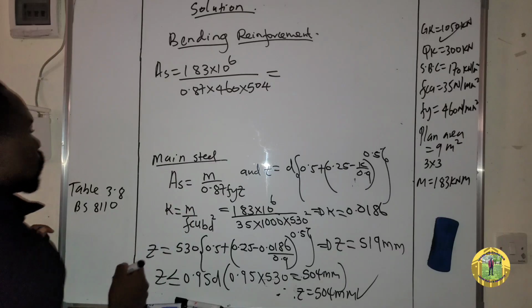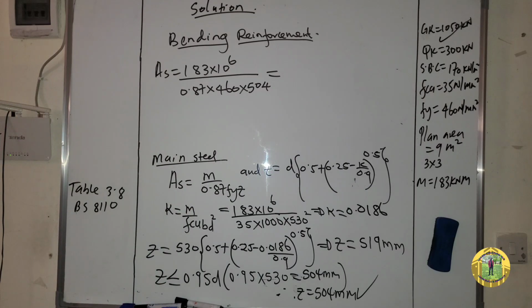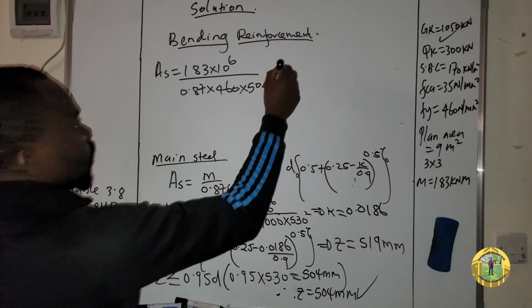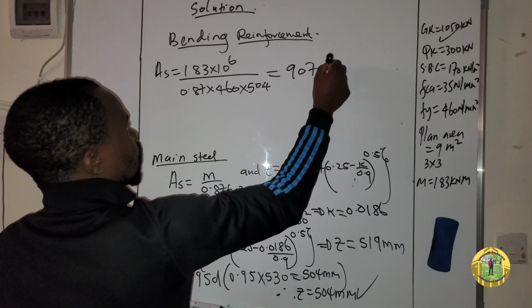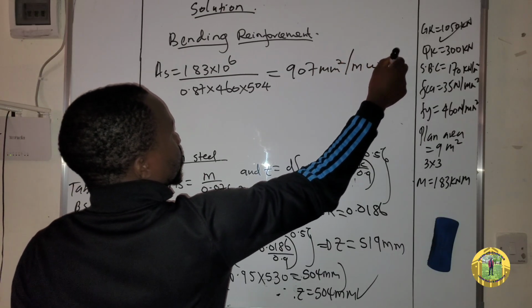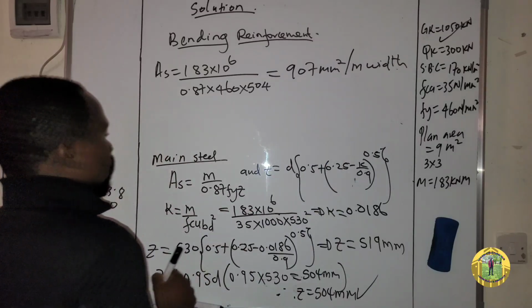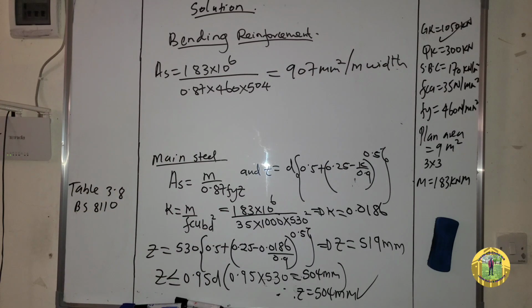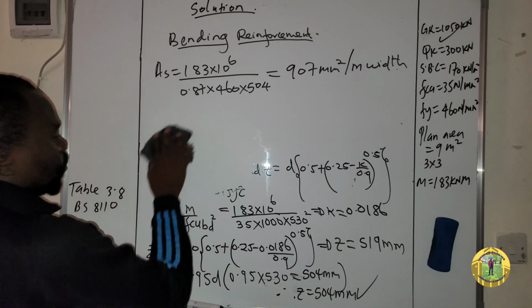So this one is equal to 907 millimeter squared per meter width of the slab. So that is our area. Now from table 3.22, now before you go to table 3.22, let's calculate our area of steel minimum.